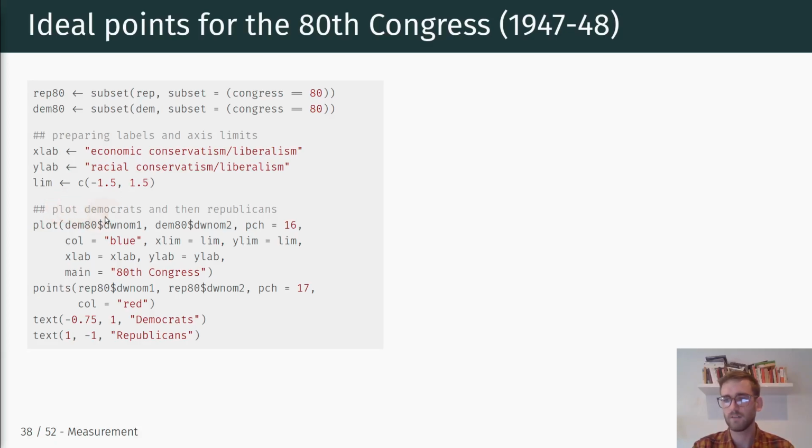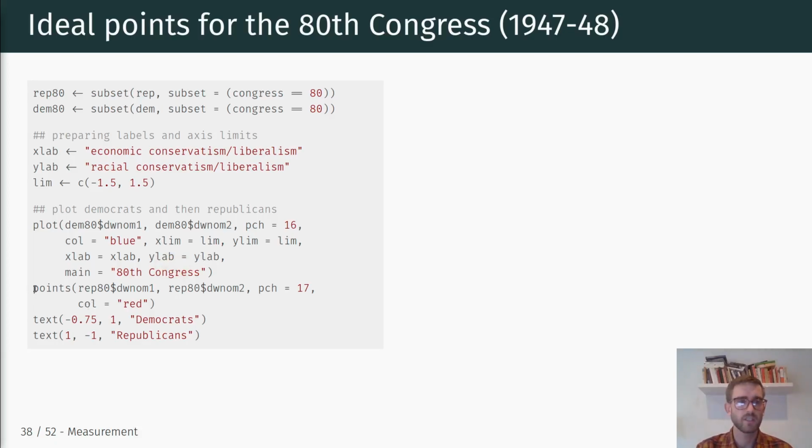And then first we plot the Democrats in the 80th Congress, and again this is a scatter plot, and we have a couple of additional options here. We set the size of the points, we set the color, this is the shape of the points actually. We set the limits of the x-axis, y-axis, labels, and the title of the plot as well.